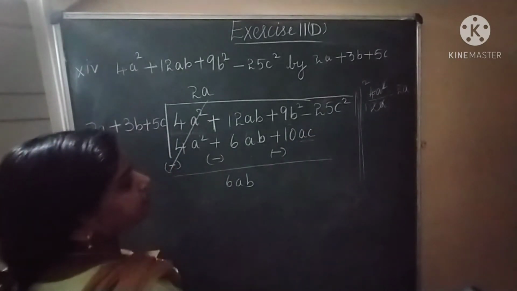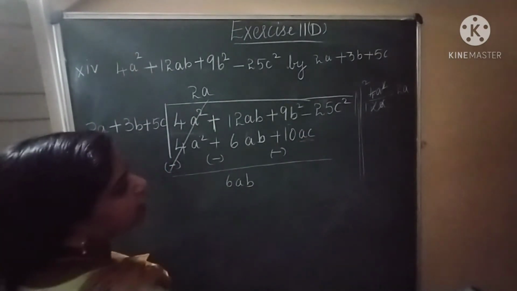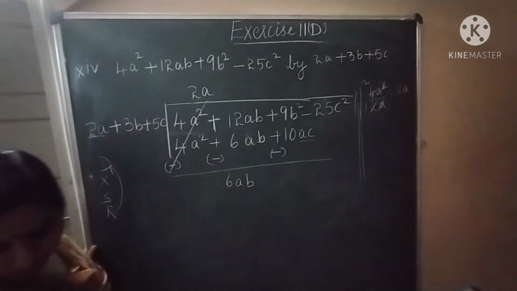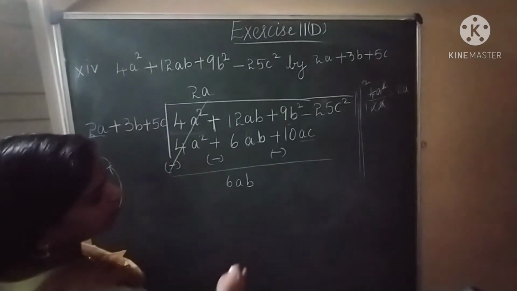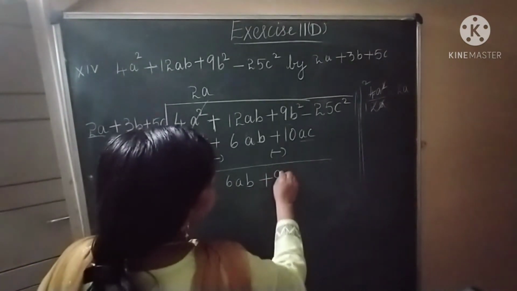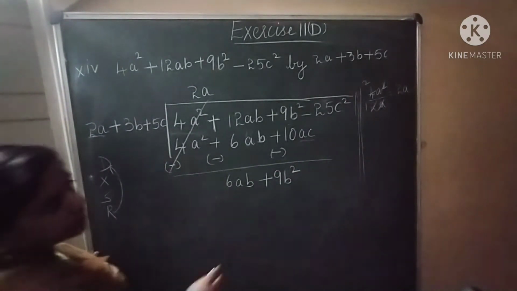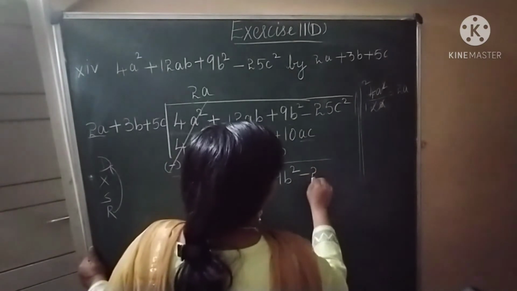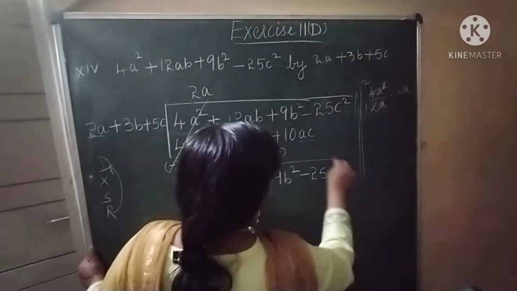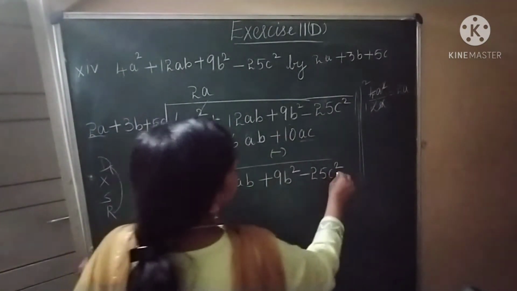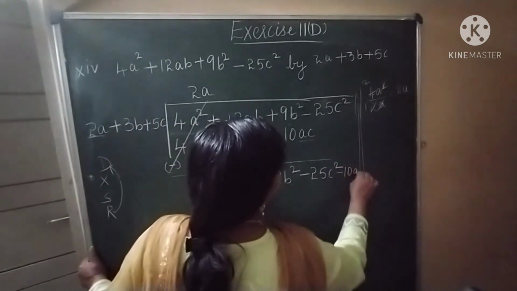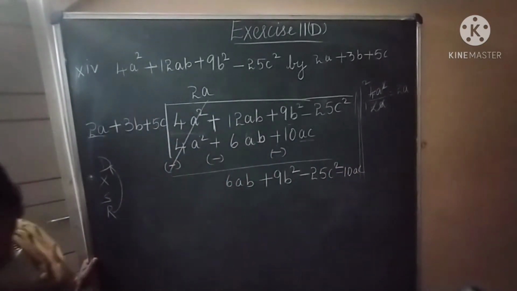So you cannot subtract these two terms. As it is, you can bring it down. So I can write it as plus 9b square minus 25c square, and here instead of plus it is minus 10ac. As it is, we have brought it down.